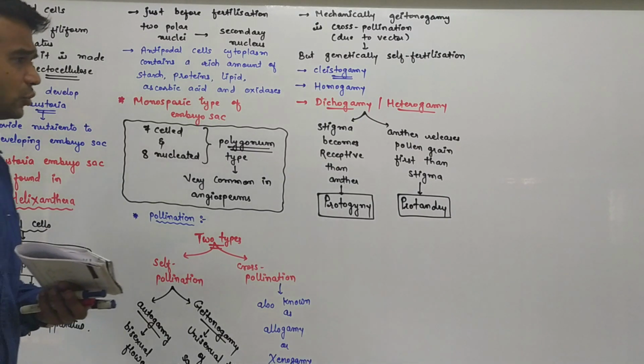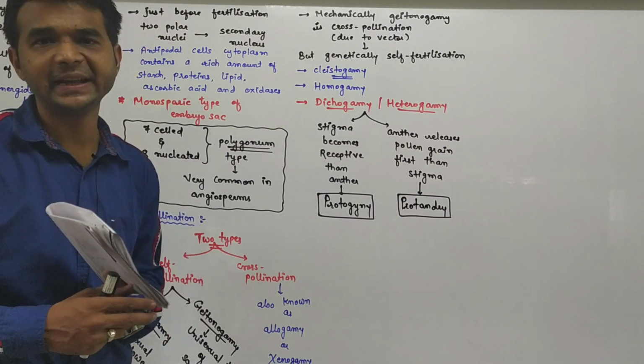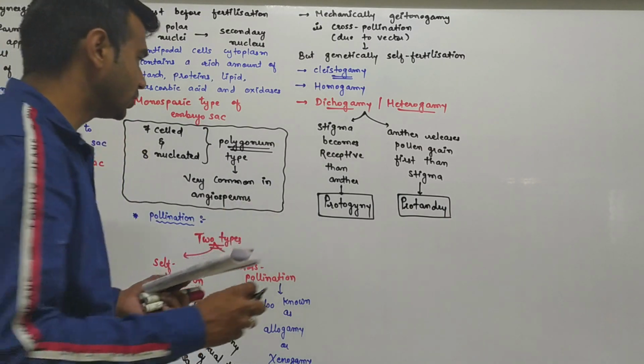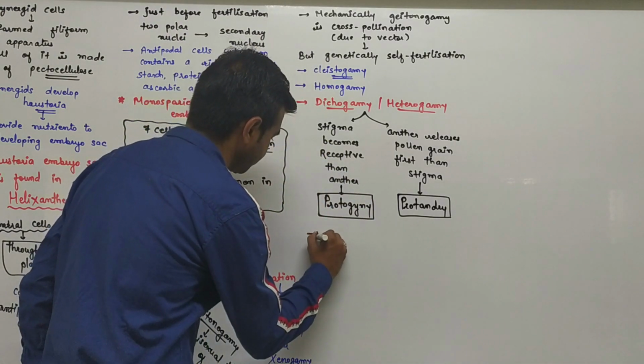For promoting cross pollination, some flowers are unisexual. So unisexuality is also known as declinism.